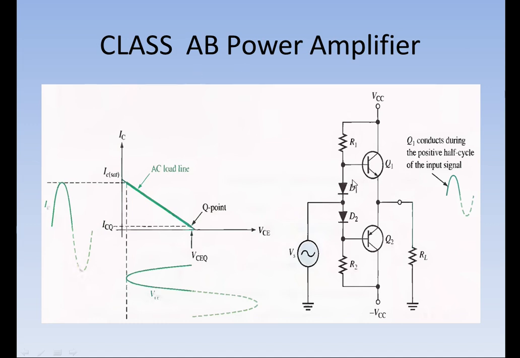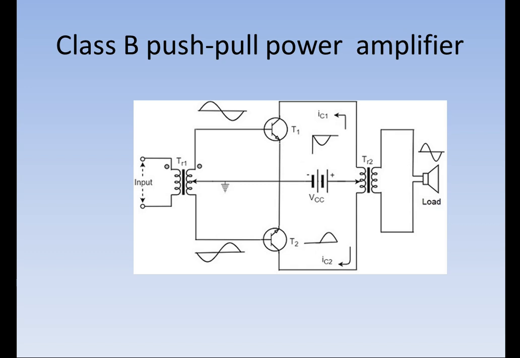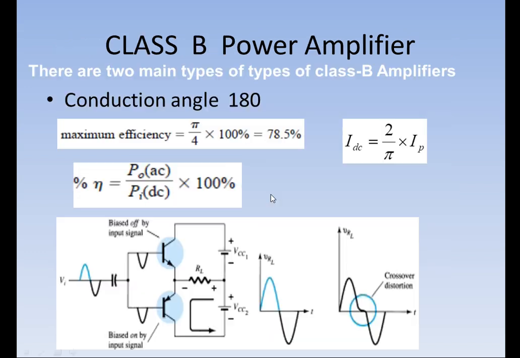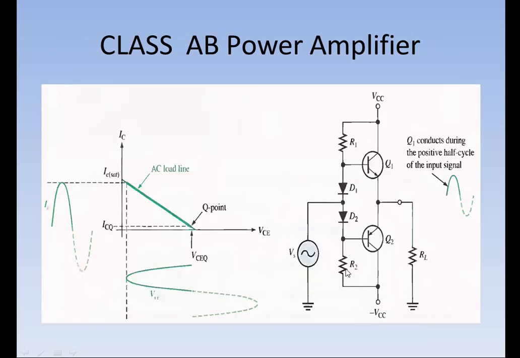See here, this is the difference. Up to 0.6 volts there is a conduction angle, so it will conduct for the first 0.6 volts, which was not the case in class B. Here in this circuit biasing is already given. That is the only difference between B and AB.